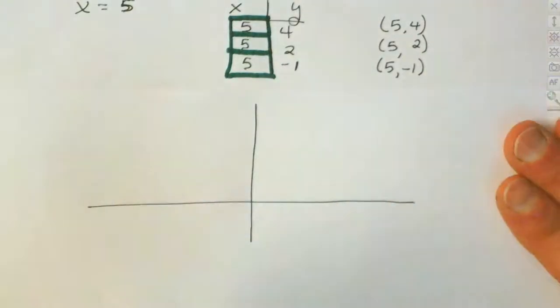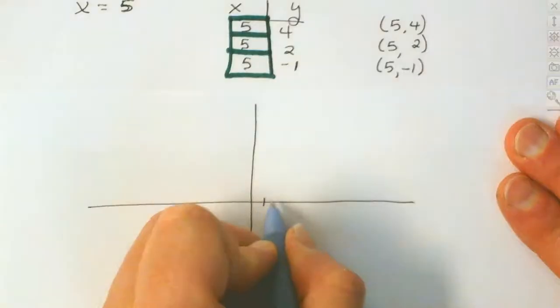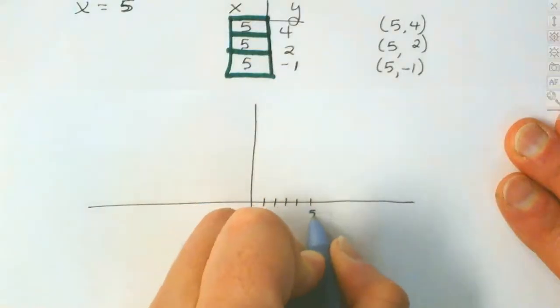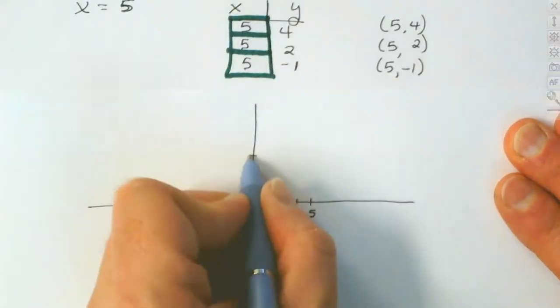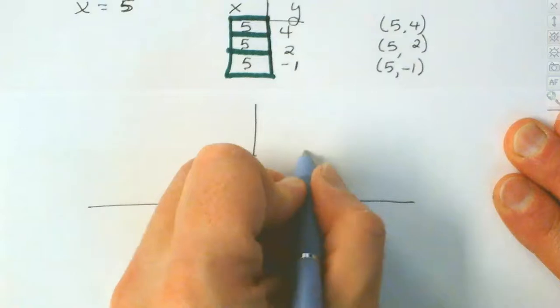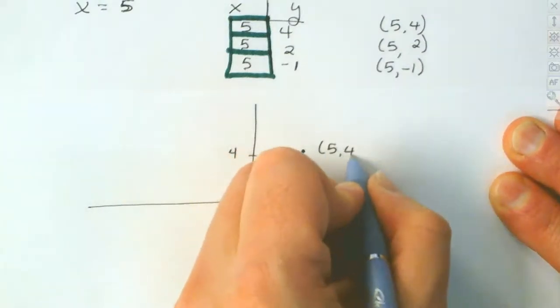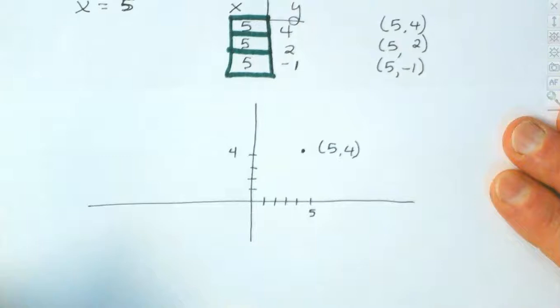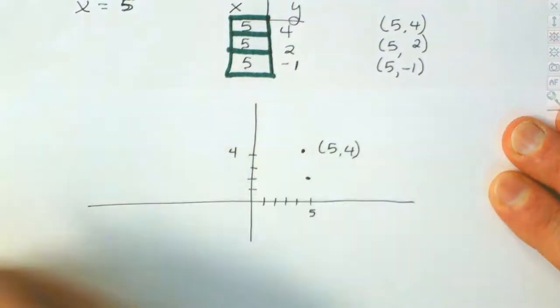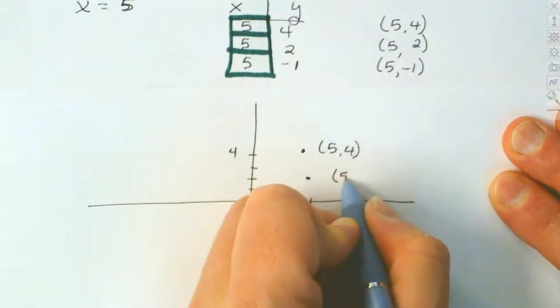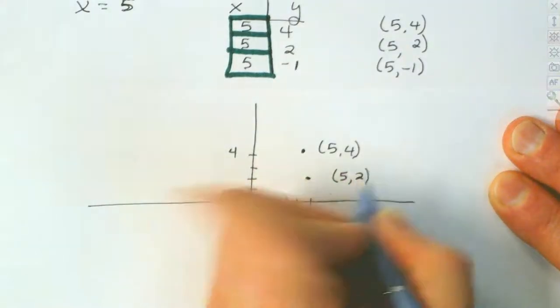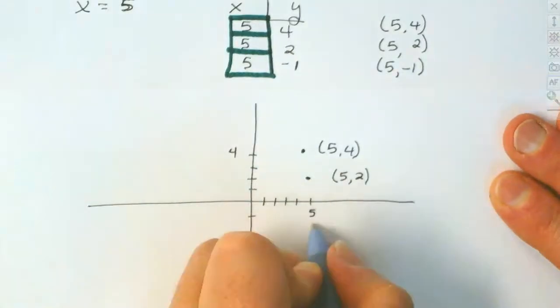So 5, 4, so that's over 5, right? And up 4. So that's right about there. 5, 4. Then we've got 5, 2. So that's right there. And then we've got 5, -1, which is right here.